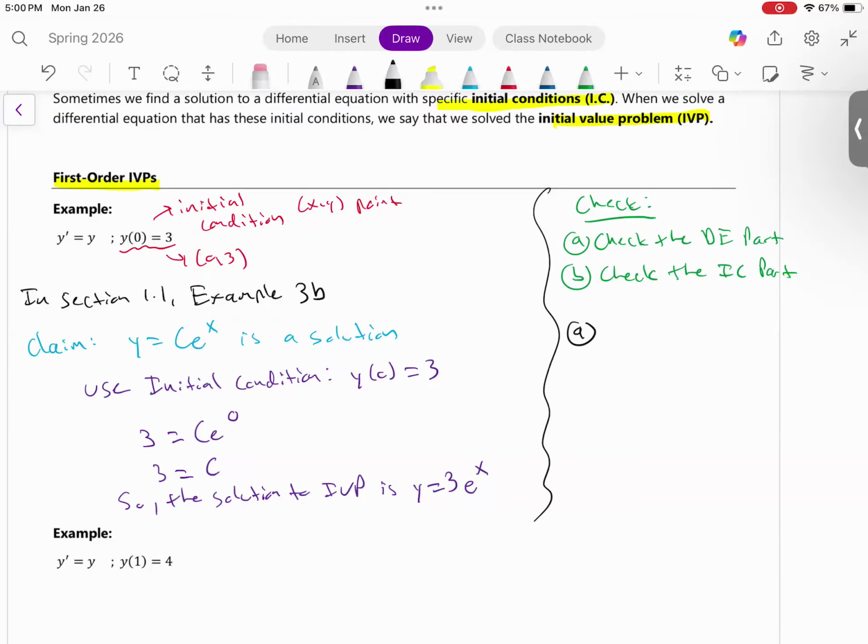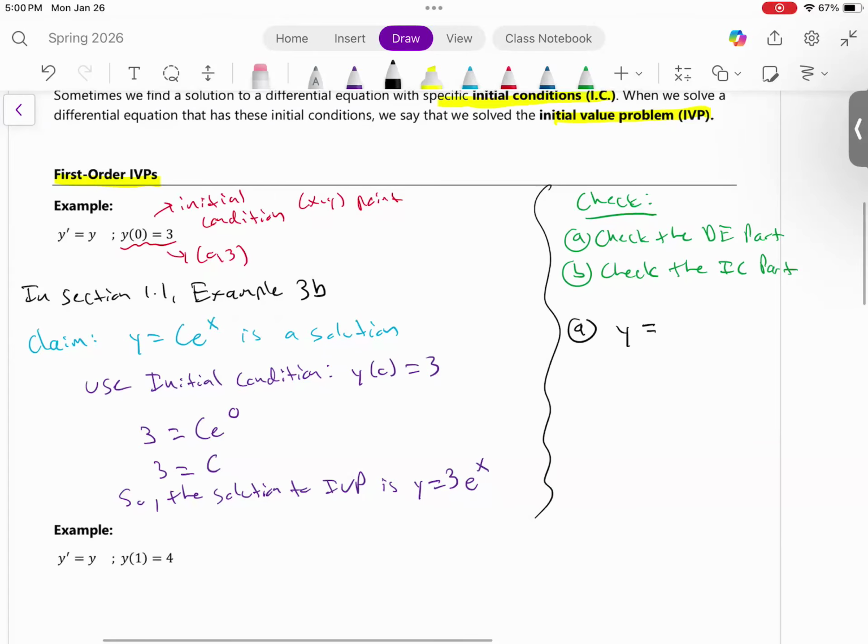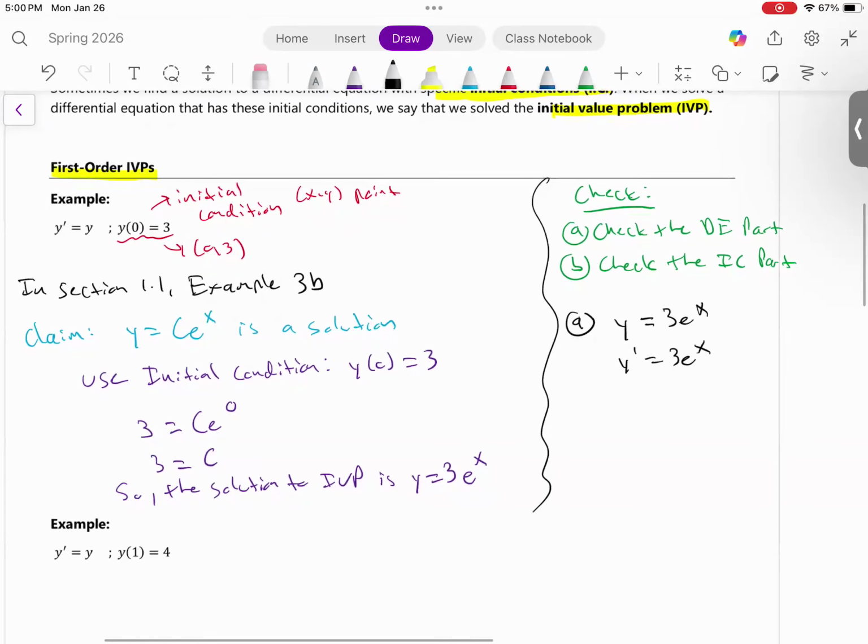We found y to be 3e to the x, so the derivative is 3e to the x. If we plug these into the differential equation, we get the same exact thing on both sides. So check.